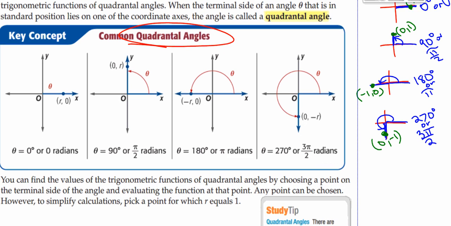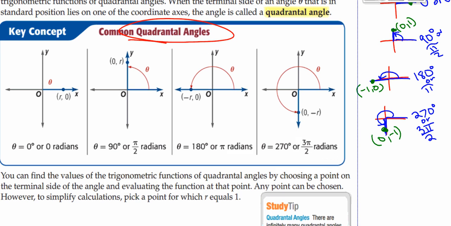And then in the future, because that's going to take up a lot of space, I can say any of these quadrantal angles are going to be one of these points, and it's going to be x, y. The nice thing about this is for every one of these, do you agree that R is 1 also? Positive 1. Yes, R is +1.